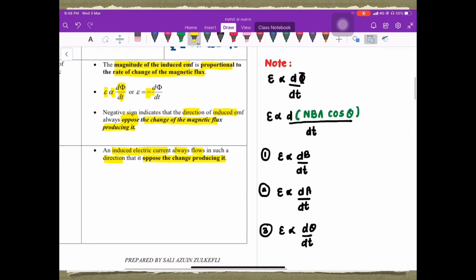Now, we want to discuss a few factors that influence induced EMF.